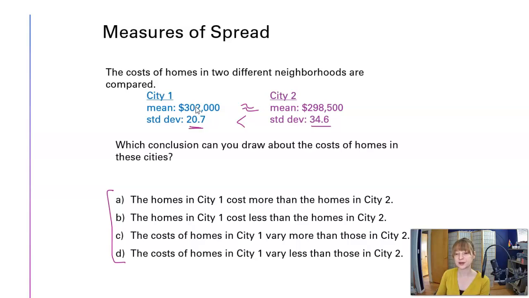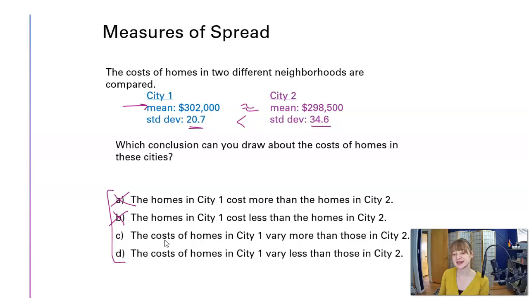So our typical cost of homes is about the same. So this one says, the homes in City 1 cost more than the homes in City 2. Well, the cost was just our typical value, right? We said those are about the same, so it's not that one. The homes in City 1 cost less than the homes in City 2. Yes, it's just the cost again. That is not different. We said the typical cost is about the same.